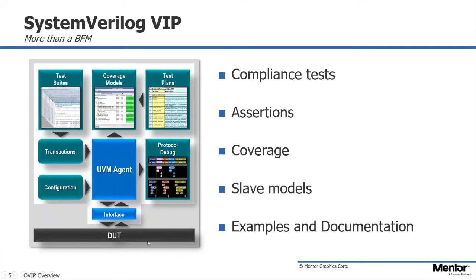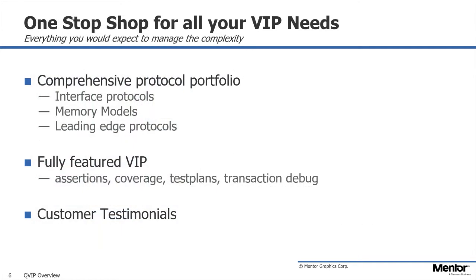All of the debug of the VIP happens at protocol level, so you get to put transactions in the wave window rather than having to stare at bit wiggles. And then there's full examples and documentation for every one of these protocols. So it really becomes a single place.